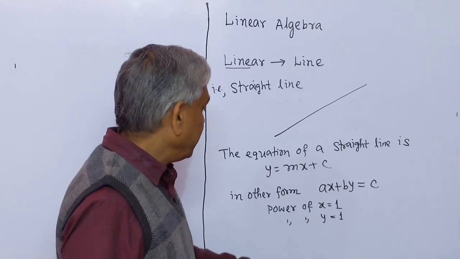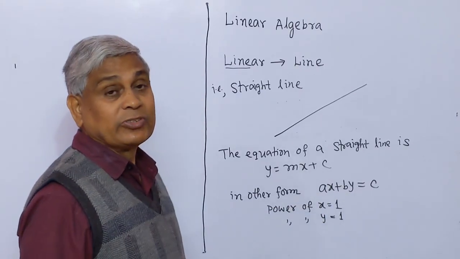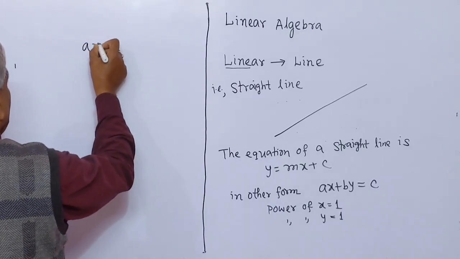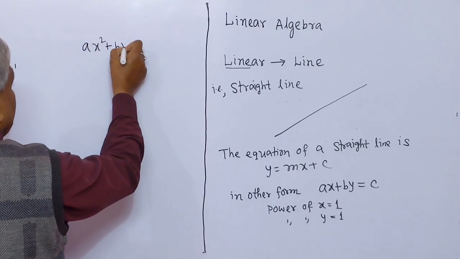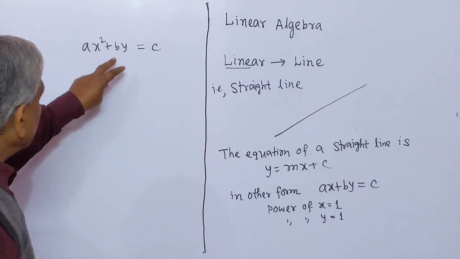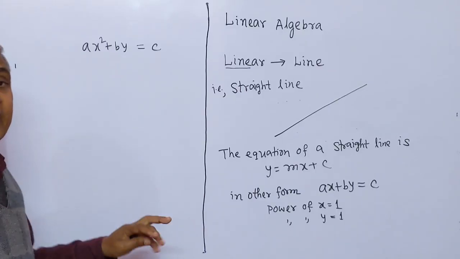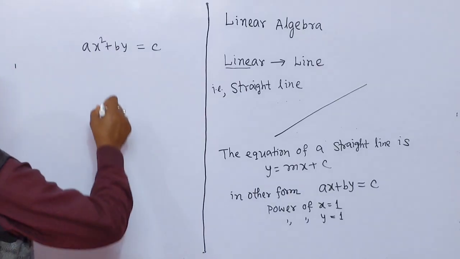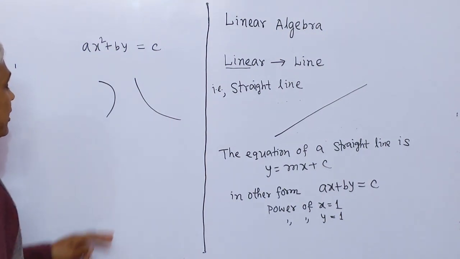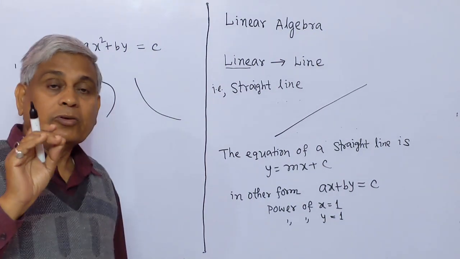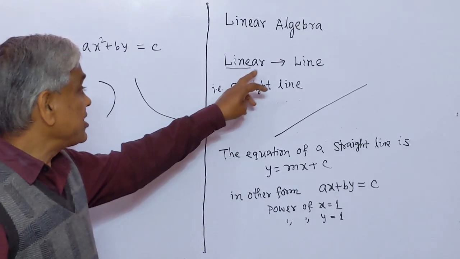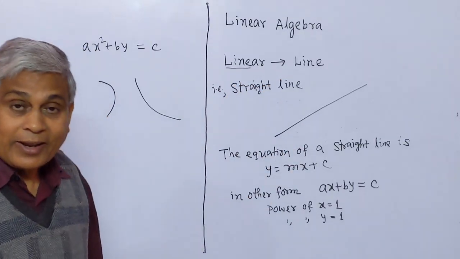If we raise the power of the variables, for example, ax square plus by equal to c, then this will be the equation of a curved line, either of this type. So this does not satisfy the term linear, meaning line, meaning straight line.